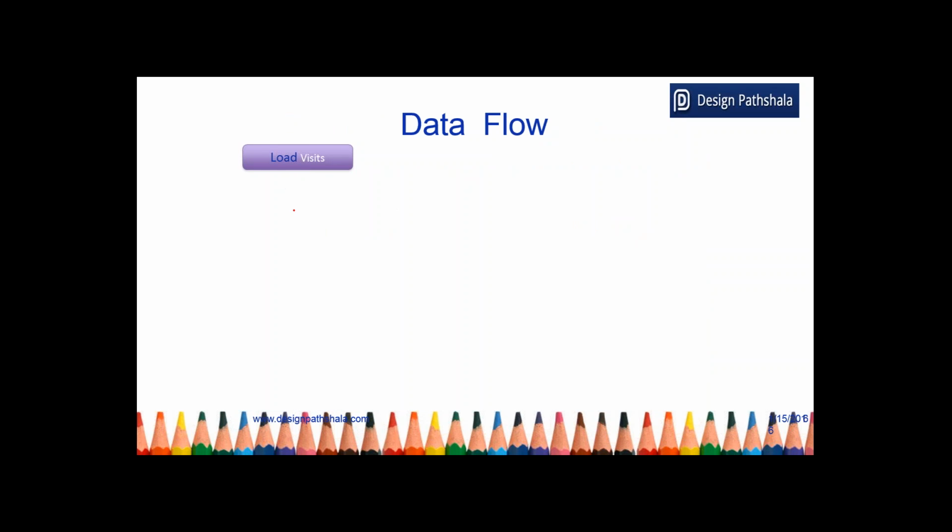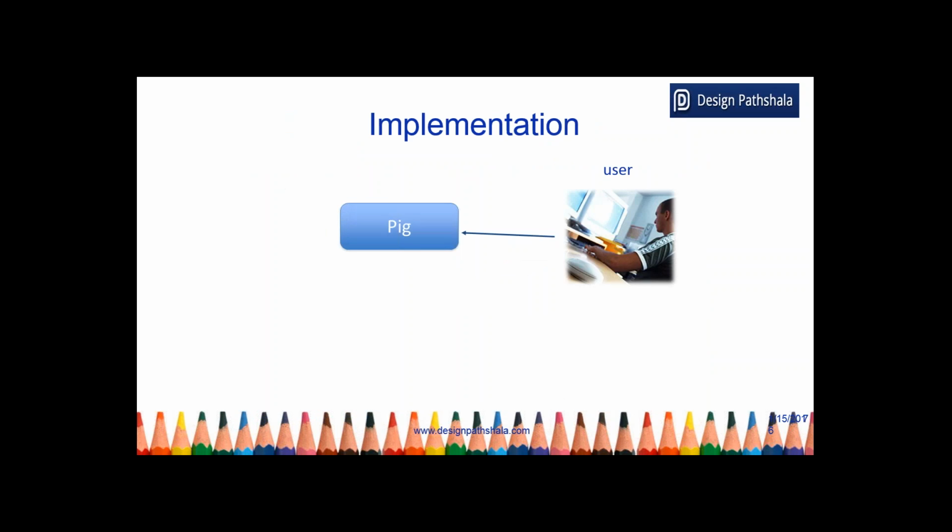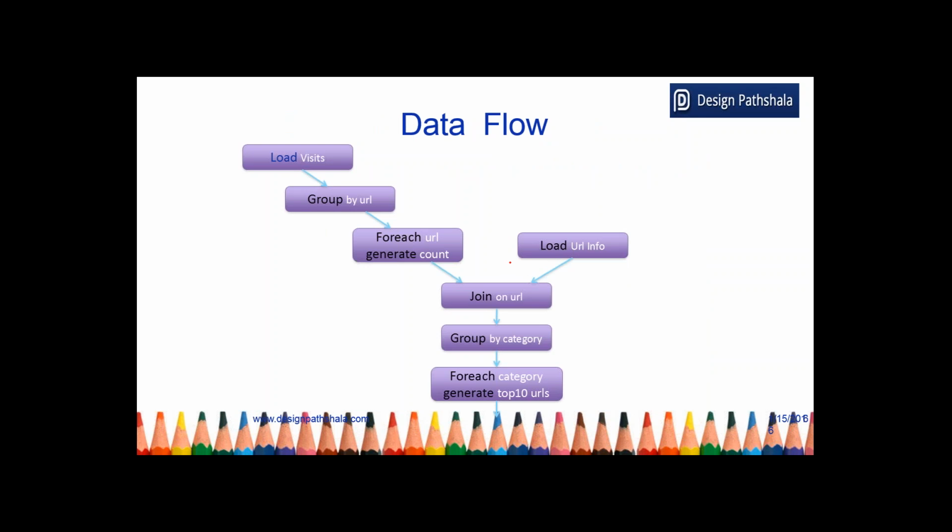Then I'll group by URL. Then for each URL, I'll generate a count. I'll merge that with the URL info, joining both data sets. I'll group that by category. For each category, I'll generate the top 10 URLs and dump that, right? This is the data flow diagram I'd generate for figuring out the top 10 URLs in each category.